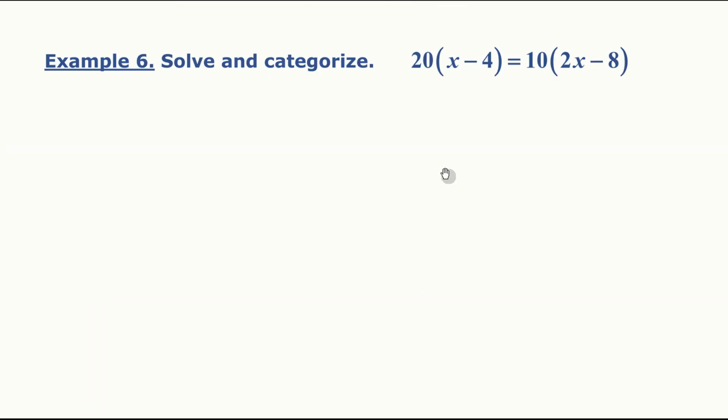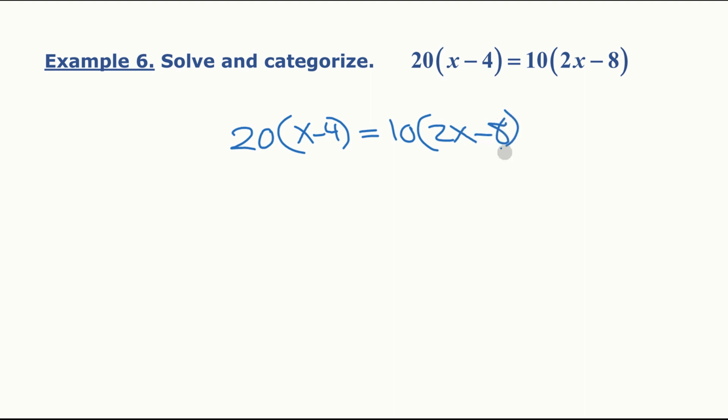All right, so here we're asked to solve and categorize. So we have 20 times (x minus 4) equals 10 times (2x minus 8). The first thing I notice with an equation like this is the obvious fact that both sides of this equation are divisible by 10.